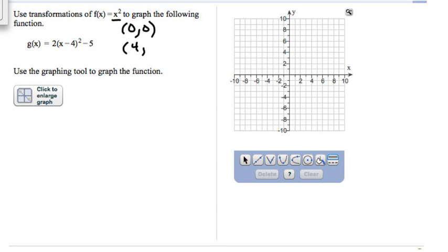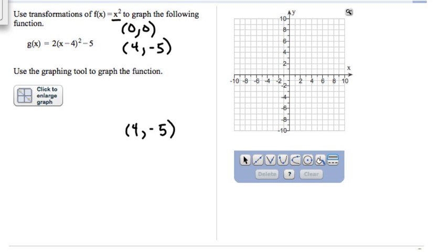So 0 minus 5 is minus 5. So our vertex is at (4, negative 5).